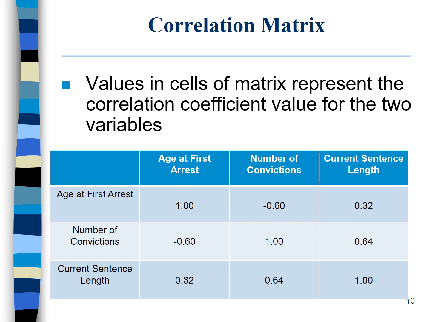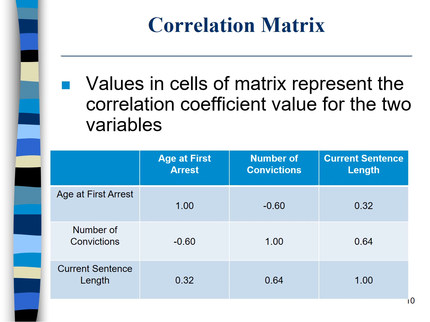So I would say the strongest association occurs between number of convictions and current sentence length, because those are the rows and columns that match and get me to that 0.64 cell. Or I could reverse it and say that the strongest association is between current sentence length and number of convictions. I'm saying the exact same thing, I'm just changing the order of the variables.